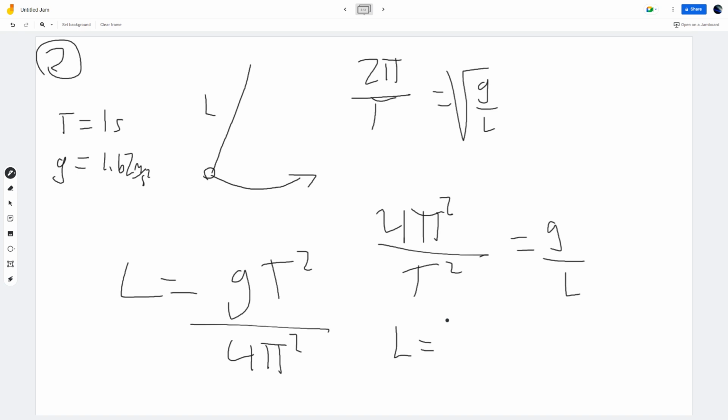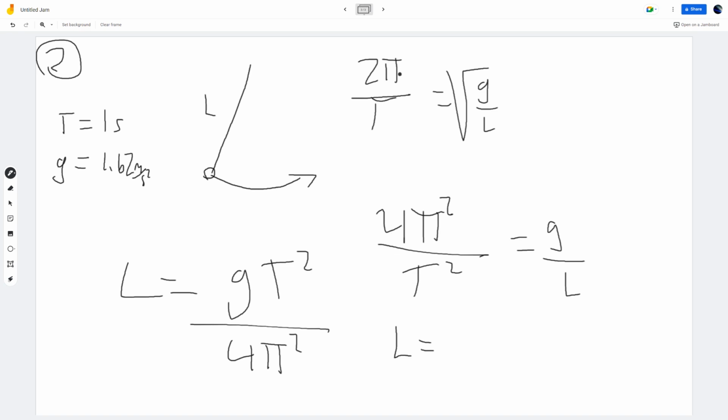I feel like I might be doing something wrong here because this is not a typical length. Let me just check my algebra here.